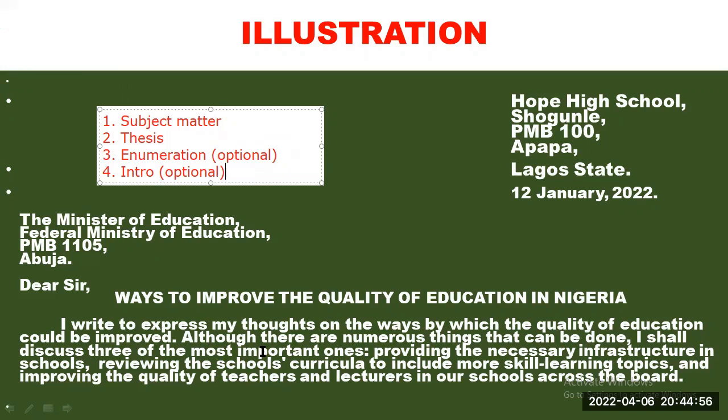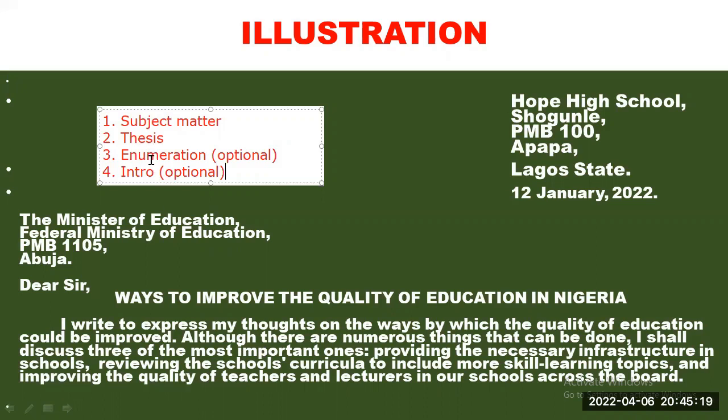Otherwise, you are not introducing anything. Introduction means you are presenting your subject for discussion. You are telling the reader, this is what this letter is all about. And it is important, all right? So this is where you introduce the subject matter.